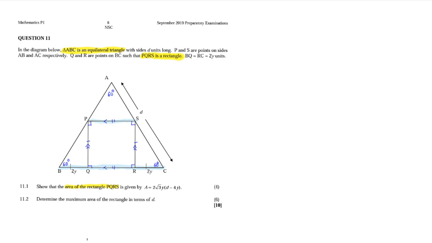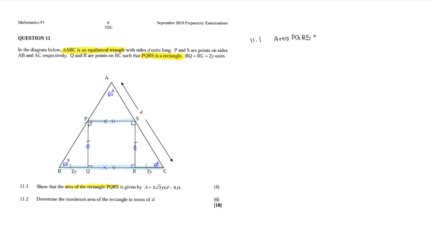So let's see. For question 11.1, finding the area of this rectangle PQRS, we know that the area of a rectangle is given by its length times its width.